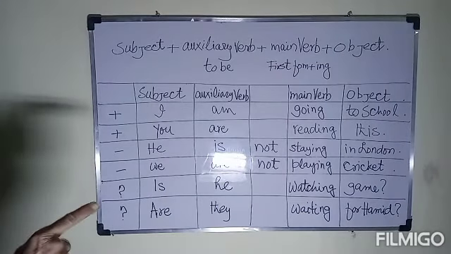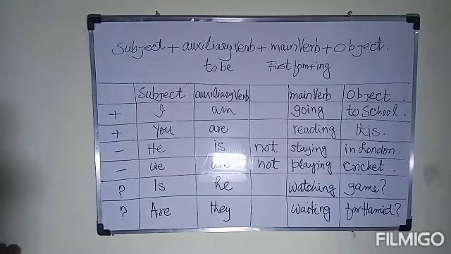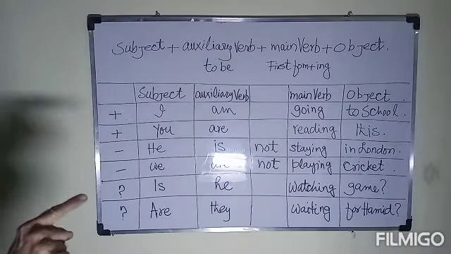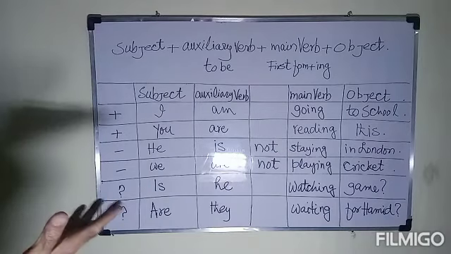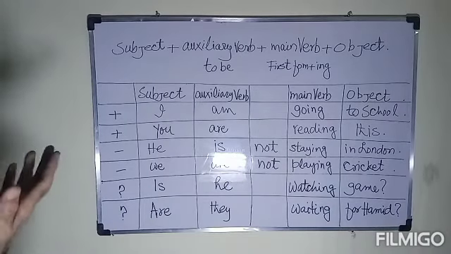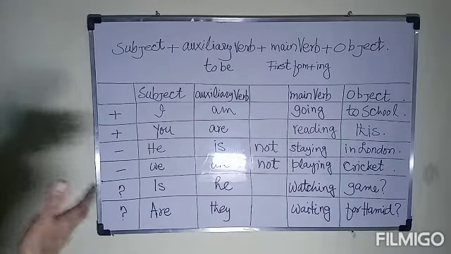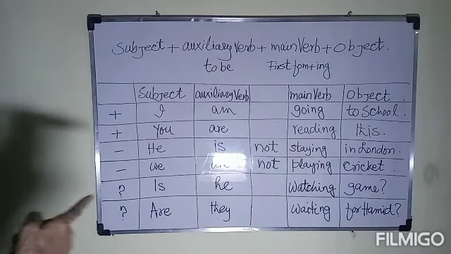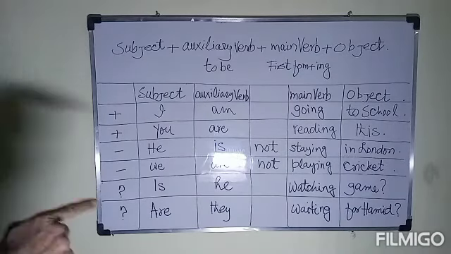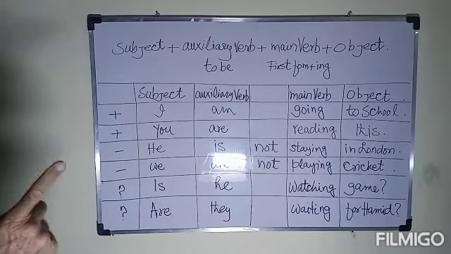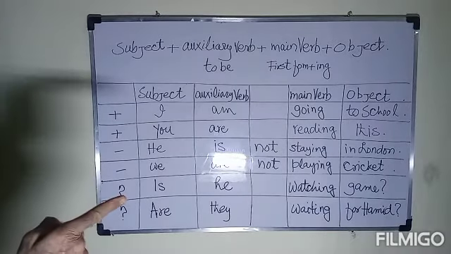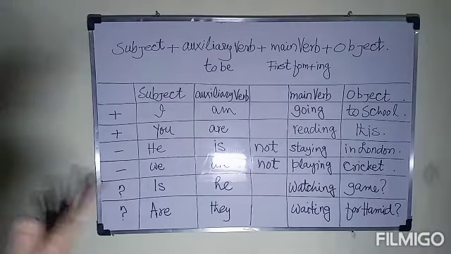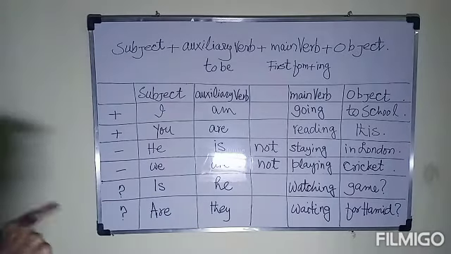He is not staying in London. The second negative sentence is, we are not playing cricket. Very easy. We are doing what our formation says: auxiliary verb are, not for the negative, and first form plus ing, playing. So, we are not playing cricket.